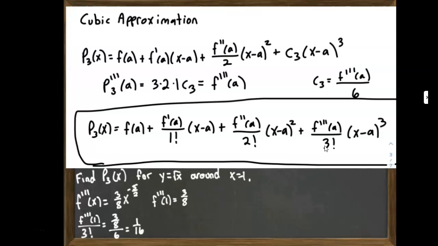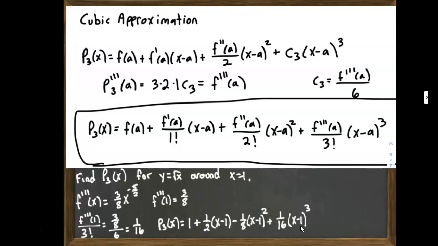And then putting it together, we take our quadratic polynomial 1 plus 1/2 x minus 1 minus 1/8 x minus 1 squared. And then we just add on the additional term there, 1/16 x minus 1 cubed.